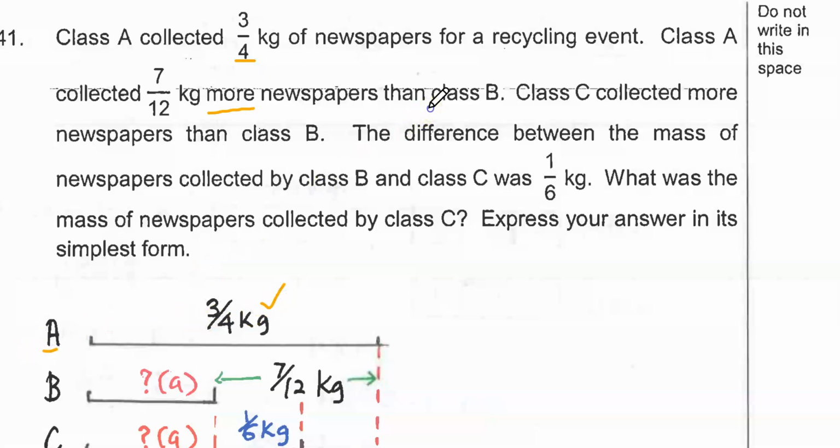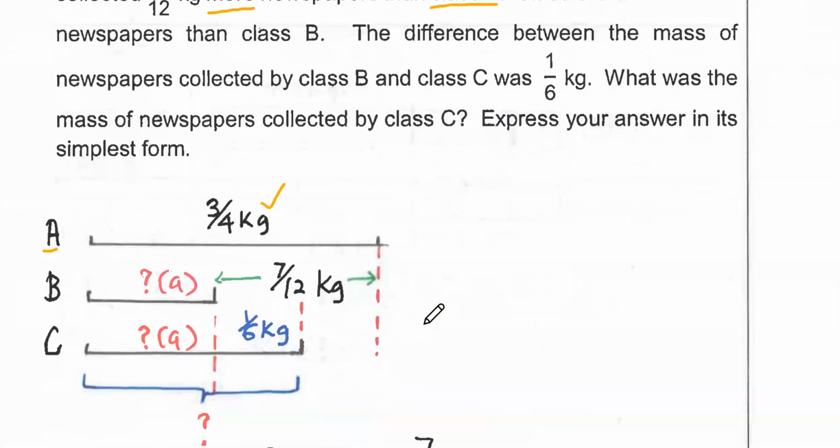Now compared to Class B, Class A collected 7/12 kilogram more. Look here, gets clearer. It collected this part more than B. Of course, you need to find A, you need to find how much B has, and eventually find out how much C has.